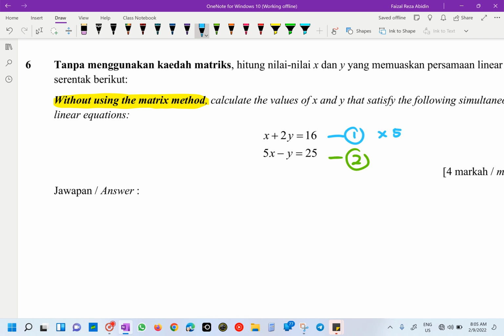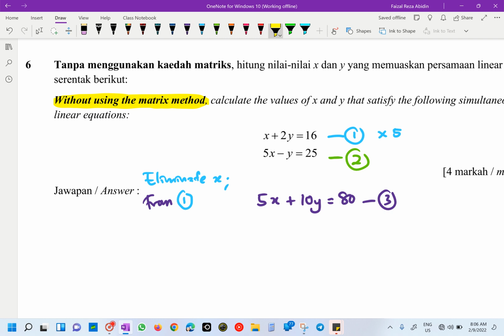Your friend said eliminate x, so we are going to make our x value the same. From the first equation, we get our third equation, which is 5x plus 5 times 2, 10y equals 5 times 16, 80. This is going to be your third equation.